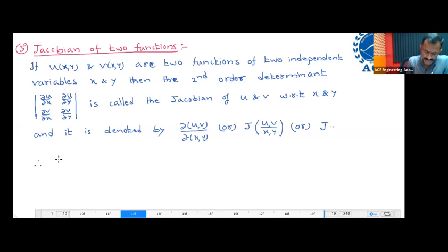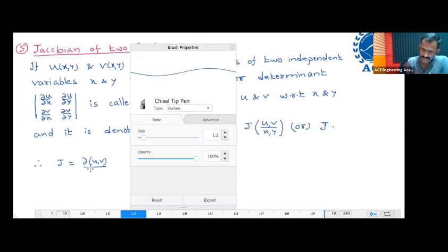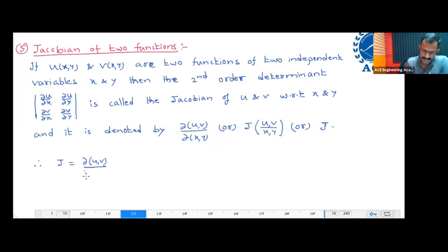Therefore j equal to dou of u v by dou of x comma y, equal to the second order determinant: dou u by dou x, dou u by dou y, dou v by dou x, dou v by dou y.